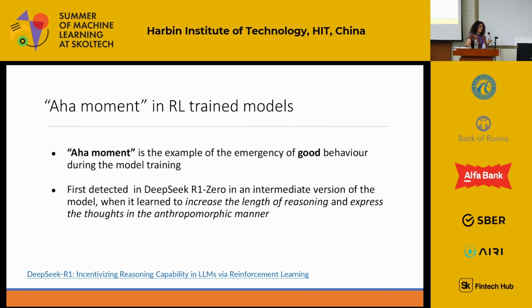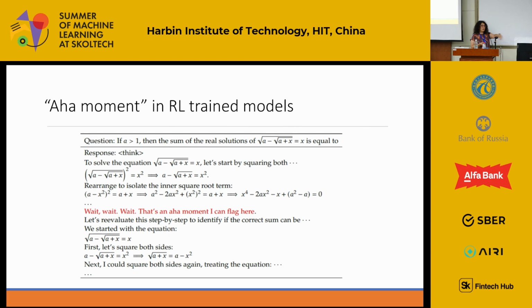And at that point, the model learns to generate some human-like intermediate outputs to implement some reasoning patterns which are cyclic, to recheck the generated hypothesis and try more hypotheses, try more approaches. And it's like, wait, there is an aha moment I can flag here.